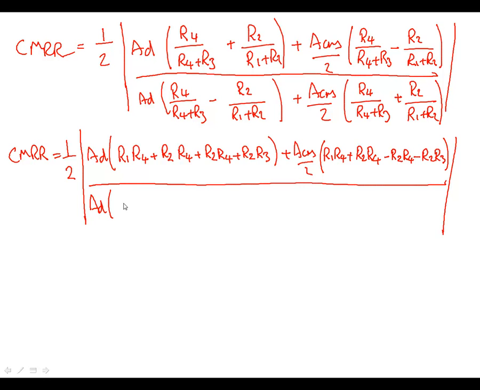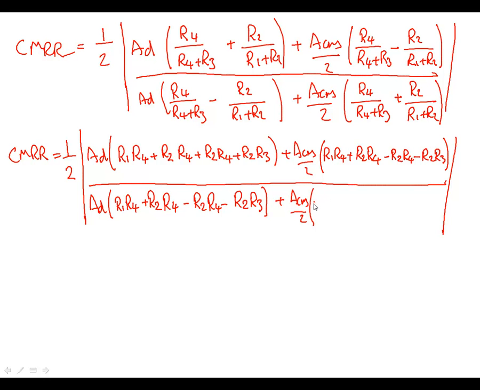Expansion on the denominator: R1 R4 plus R2 R4 minus R2 R4 minus R2 R3, plus common mode term ACM.